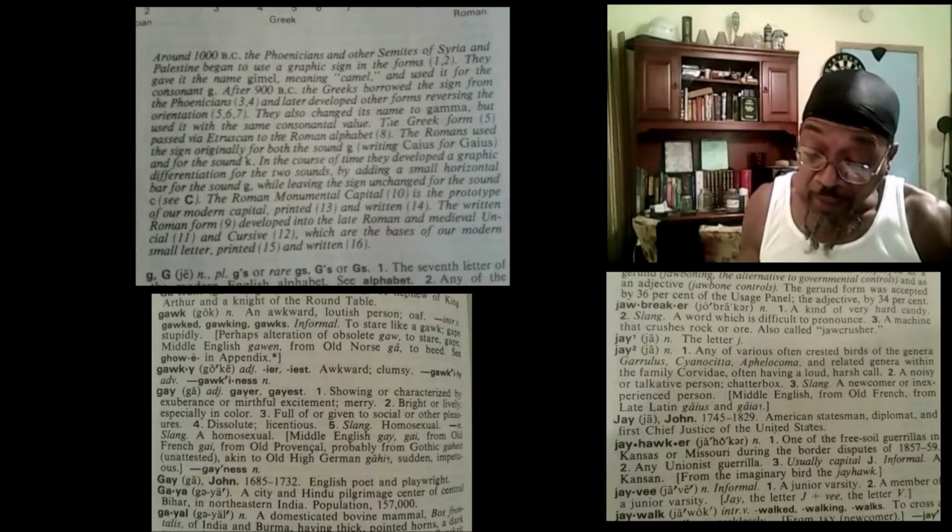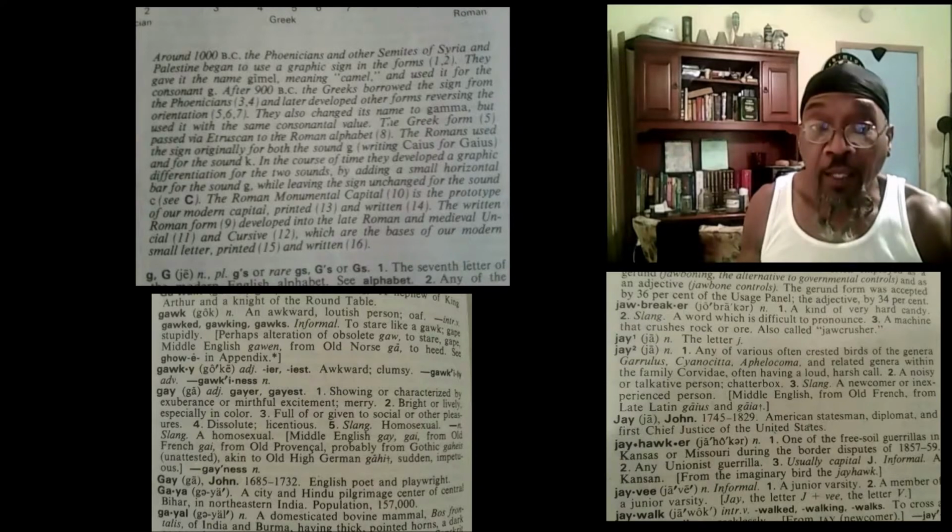A J is any of the various often crested birds of the genera Garrulus, and related genera within the family Corvidae, often having a loud, harsh call. A noisy or talkative person, chatterbox, slang. A newcomer or inexperienced person. Middle English, from Old English, from Late Latin, Gaius. There that word go again, Gaius.